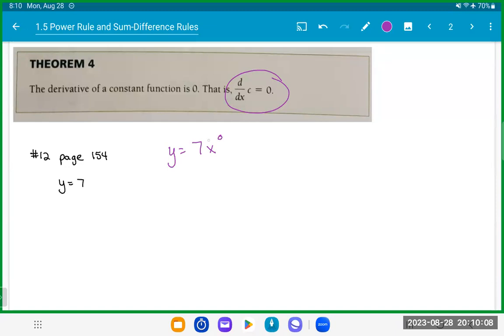If you think of it, 0 times x gives me 0, right? So that would be 7 times 0, and then x to the negative 1, that equals 0. Okay? So the derivative of a constant is always equal to 0.